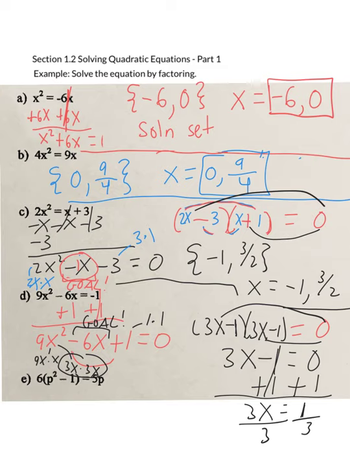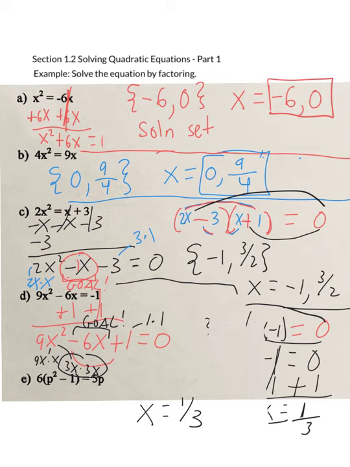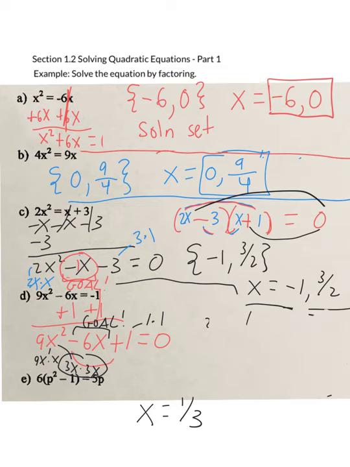Divide your 3 over, and we see our only answer here is 1/3. Let me go ahead and erase, create some room, but 1/3 is going to be the final answer. x equals 1/3.